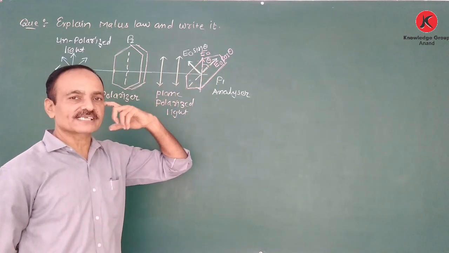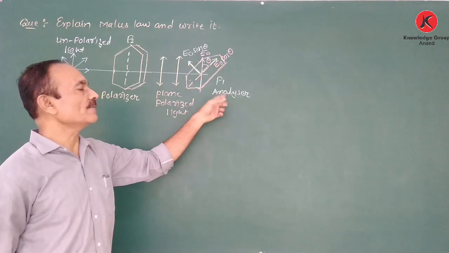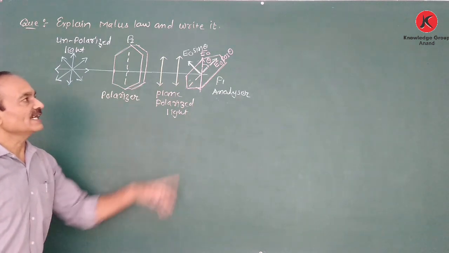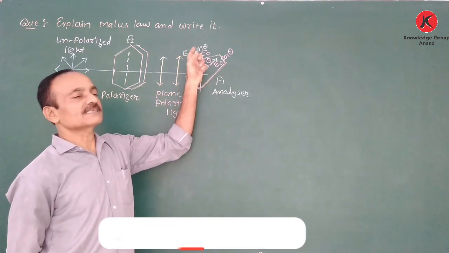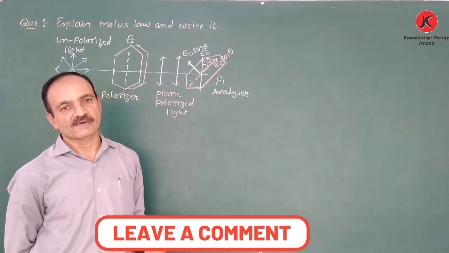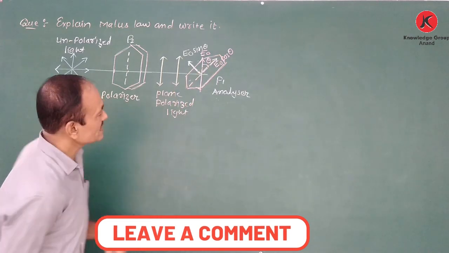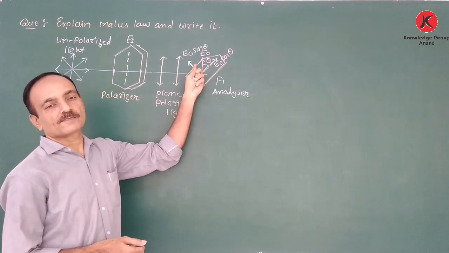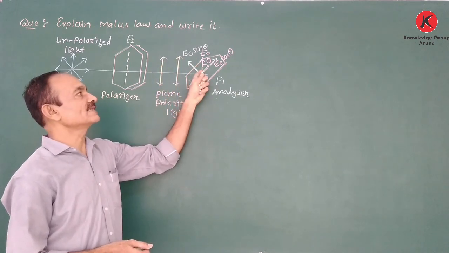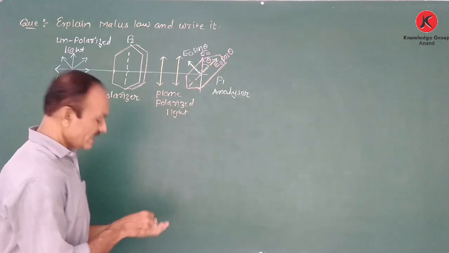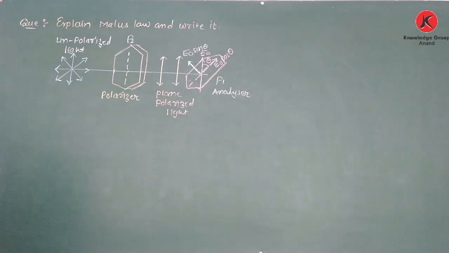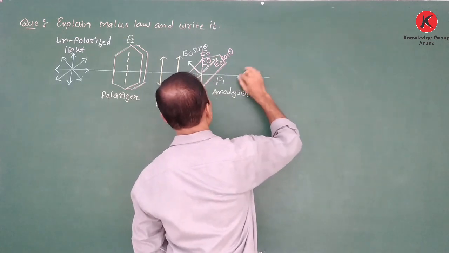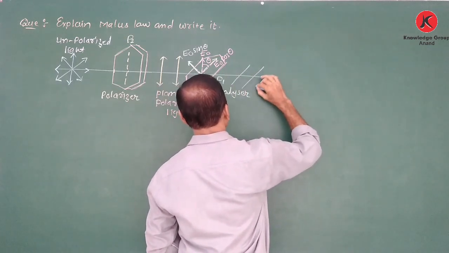One is E0 cos theta, parallel to the axis of analyzer P1, and the other is E0 sin theta, perpendicular to the axis of P1. The E0 sin theta component is absorbed by the sheet P1, and the light transmitted from P1 is E0 cos theta.